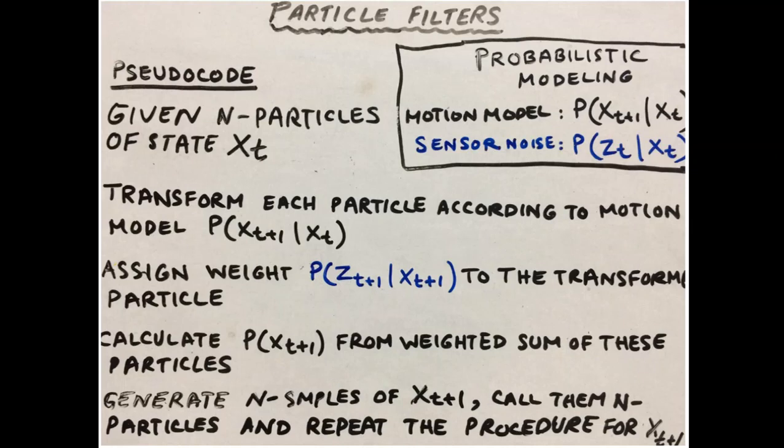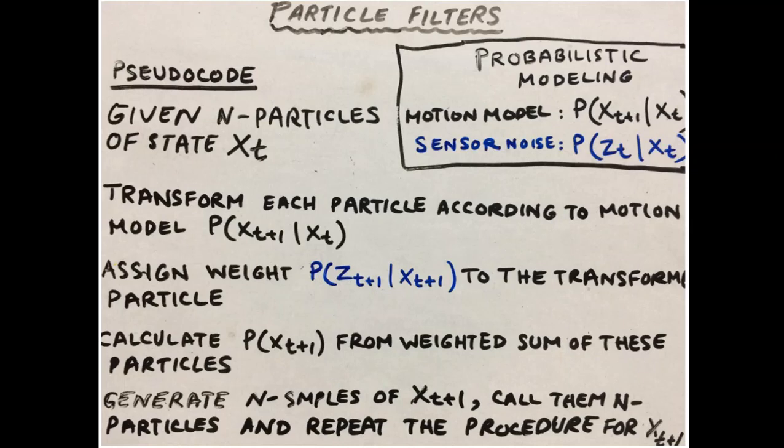In the next step, we are going to calculate the probability of the state variable x at time t plus 1, so the probability of xt plus 1 from the weighted sum of the transformed particles, and this completes one iteration of the particle filter.